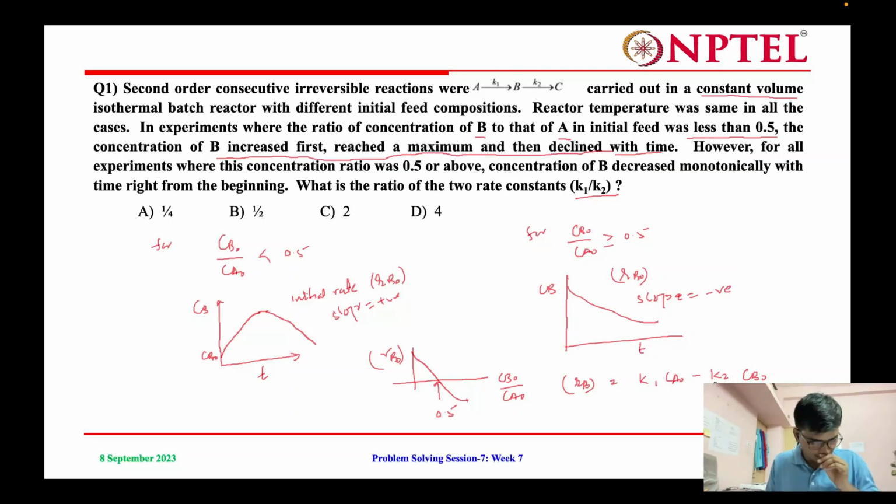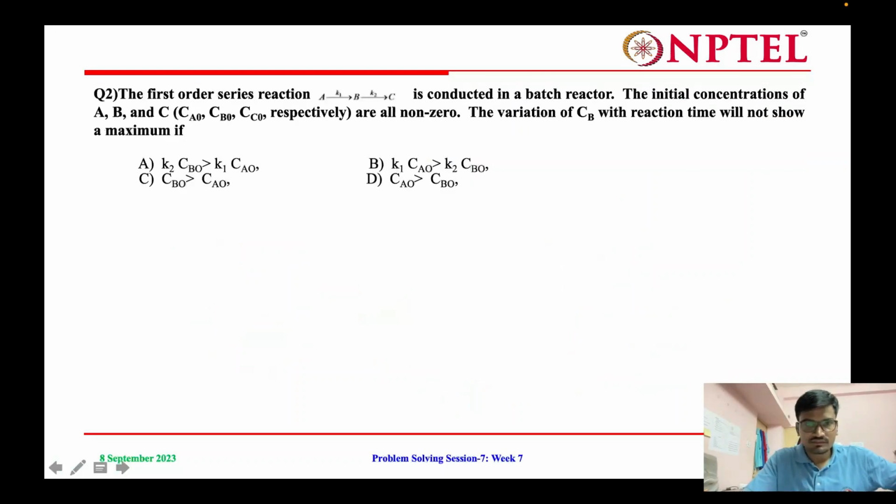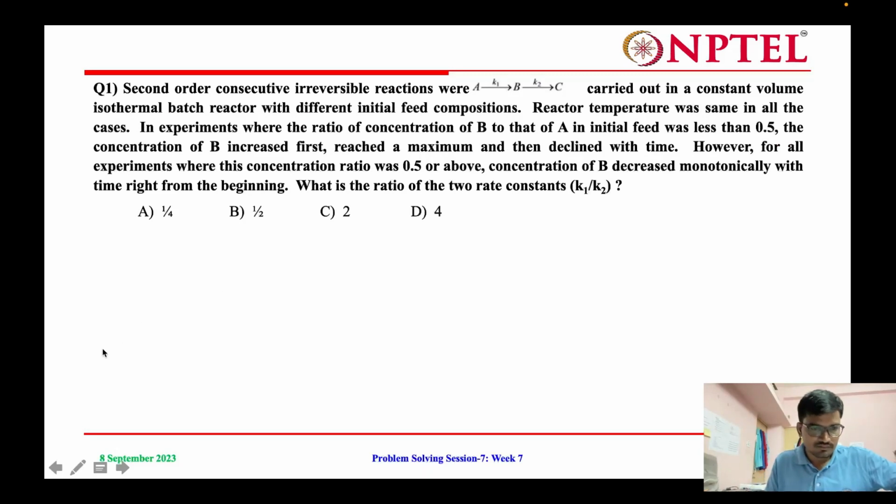Now the rate of B at CB naught by CA naught equal to 0.5.